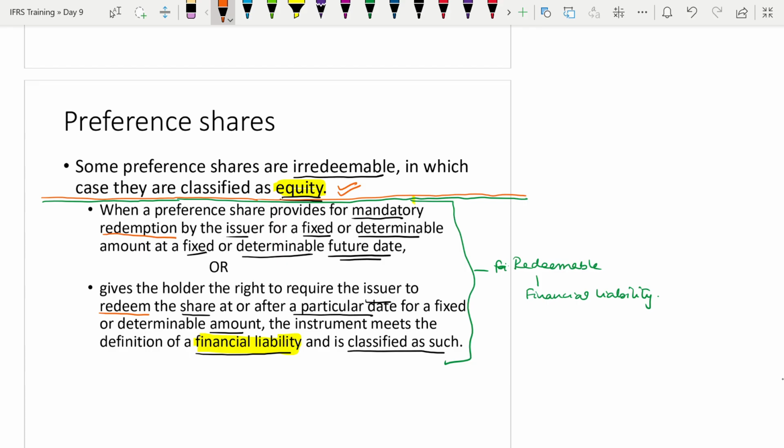Have you ever tried to find which company has recently issued preference shares? Come back tomorrow with that. Preference shares may be convertible, redeemable or irredeemable.